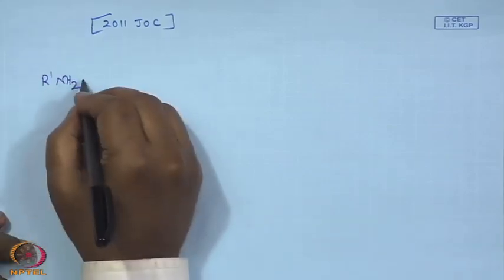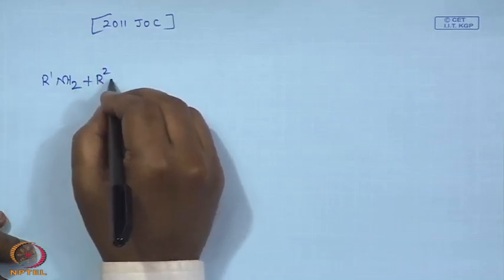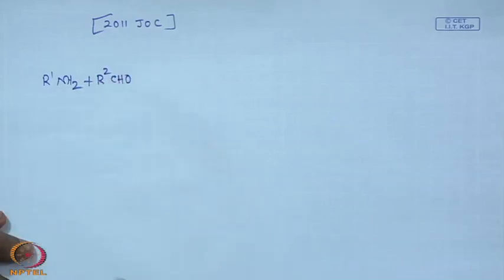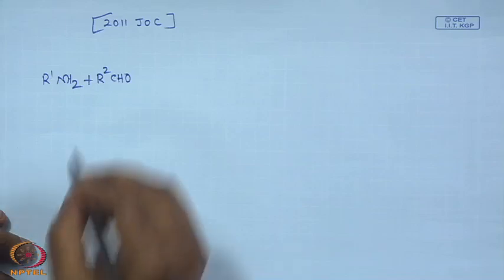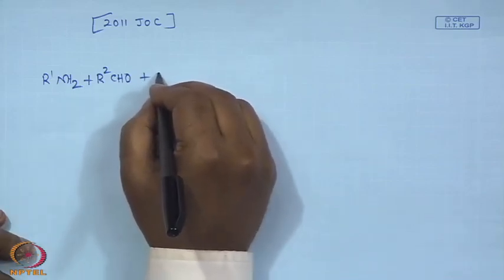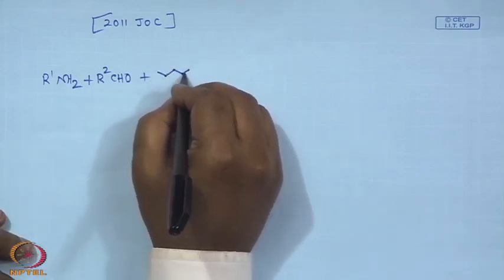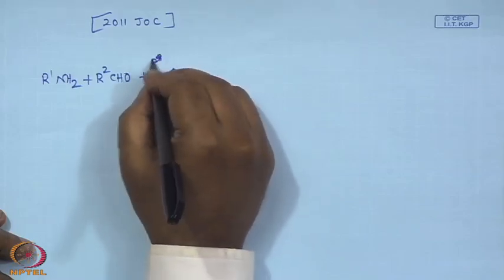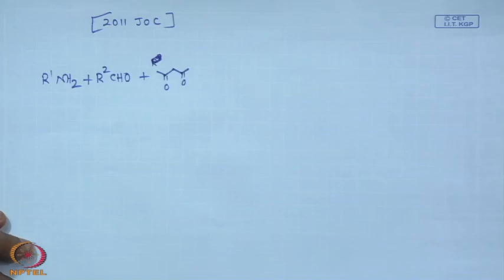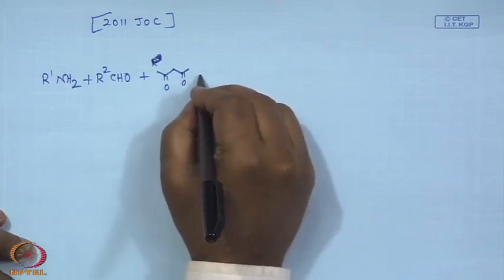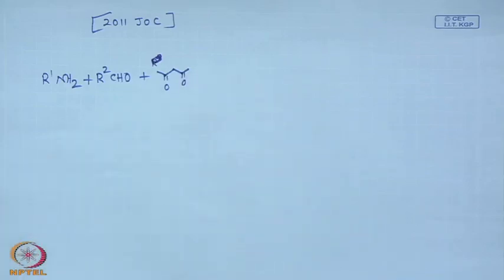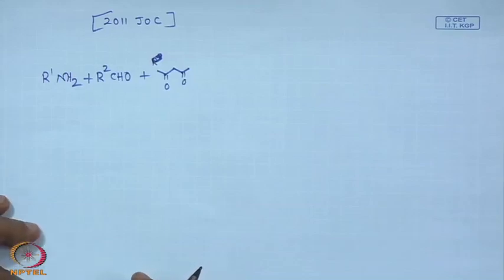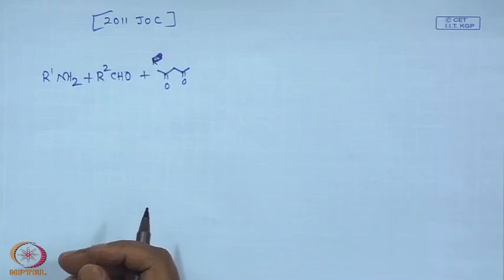All kinds of starting materials we think about in learning organic chemistry: aldehyde, and then, okay, I think I will make it acetyl acetone. What else? One more thing. So it is a 4-component reaction, there are 4 different starting materials, and the reaction is done in one pot.